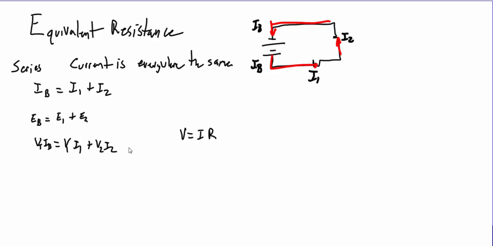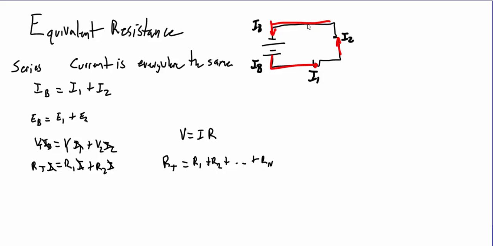So I'm going to cross out these currents because they're all the same thing, and I'm going to replace the voltage with I and R. So total resistance times the current, which is the same everywhere in the circuit, equals resistance R1 times current, and again same, plus resistance R2 times current, again same. These currents drop out, and what I have is the total resistance is equal to R1 plus R2. And if there were more resistors in there, we could just keep adding these up to the nth resistor.